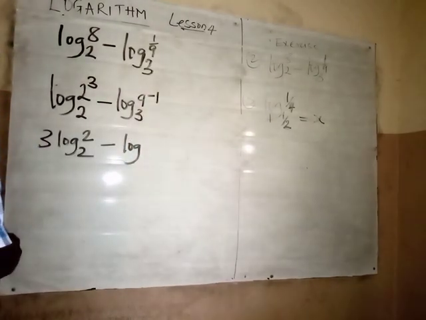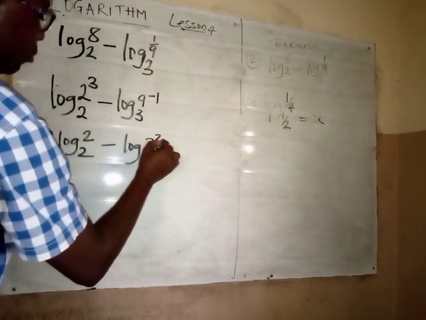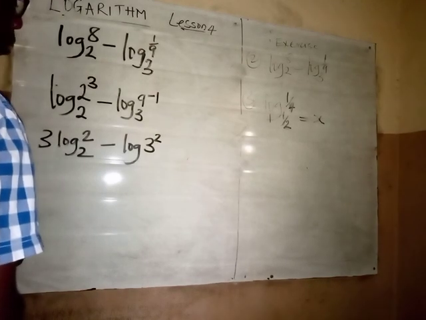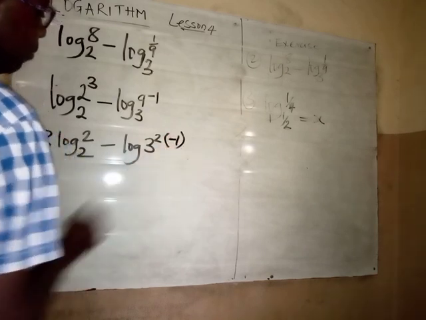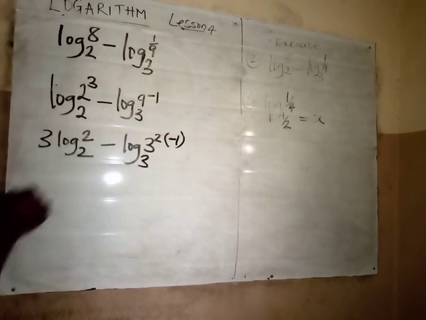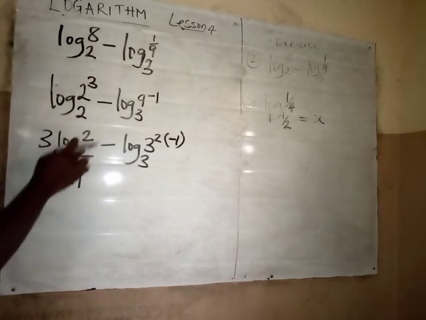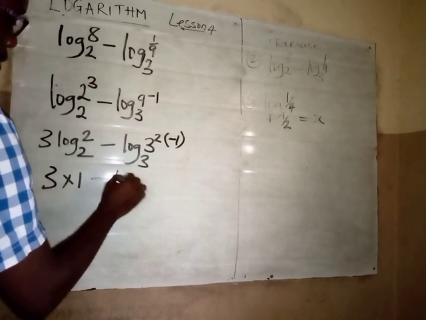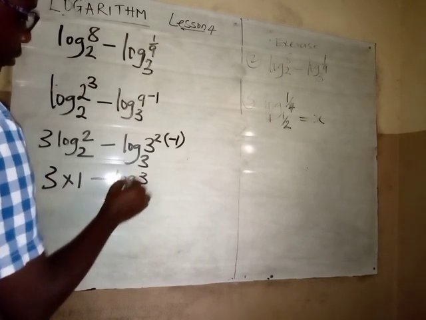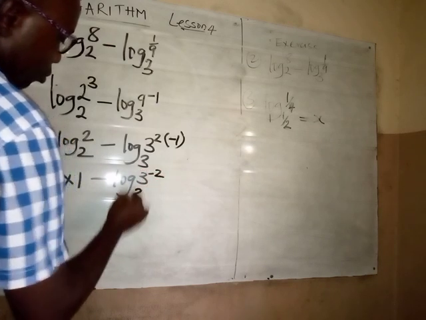We can reduce 9 to have the same base as 3, which is 3 squared, multiplied by minus 1 base 3. So what we now have is 3 times log 2 base 2, because any log to its own base is 1, which is 1, minus log 3 raised to power 2 times minus 1 base 3.